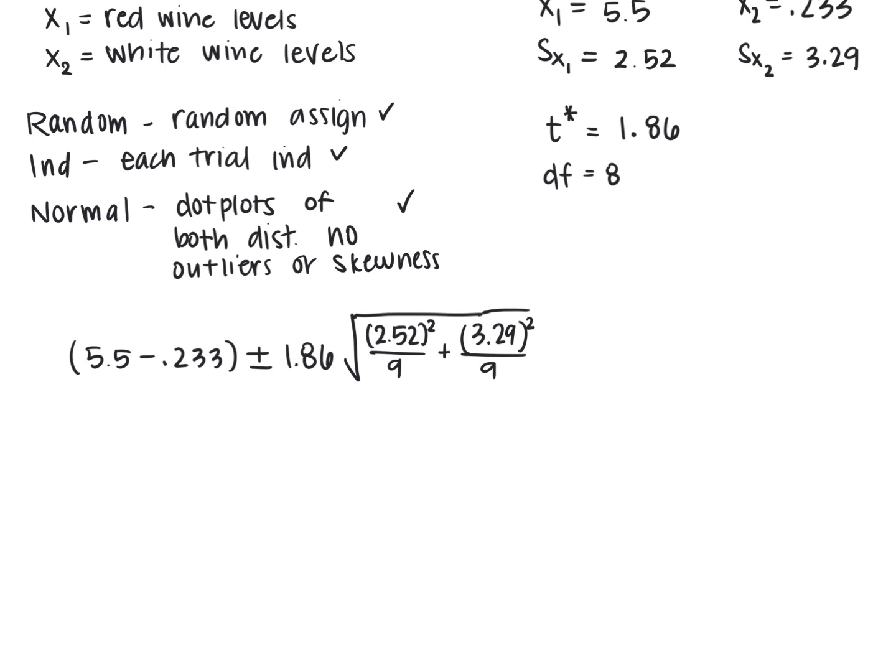So 5.5 minus 0.233 is going to give us 5.267 plus or minus 1.86 times our standard deviation formula.